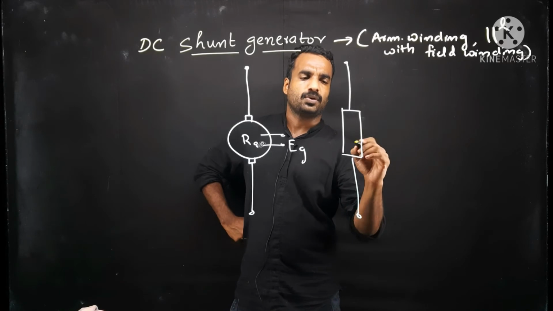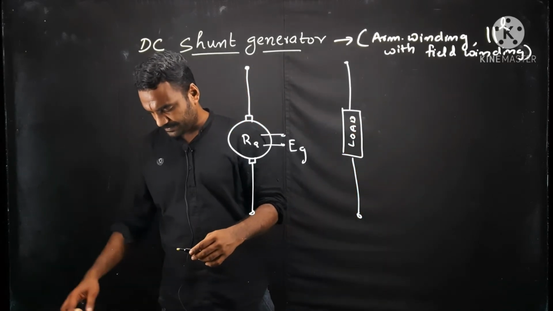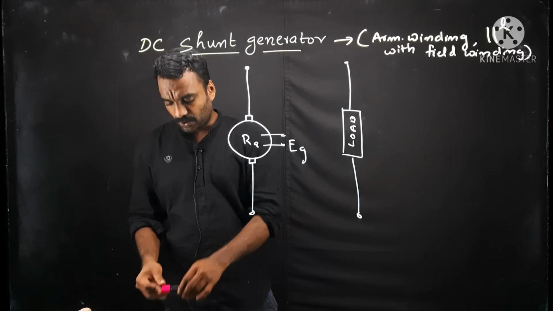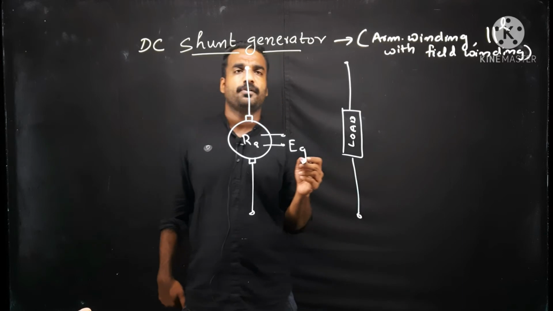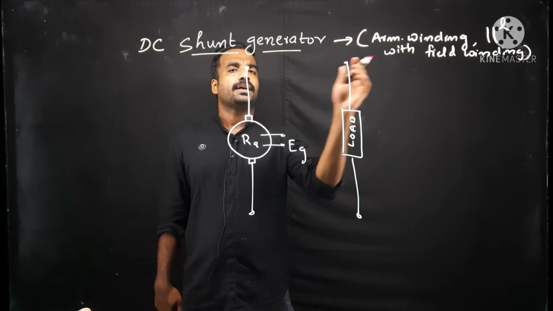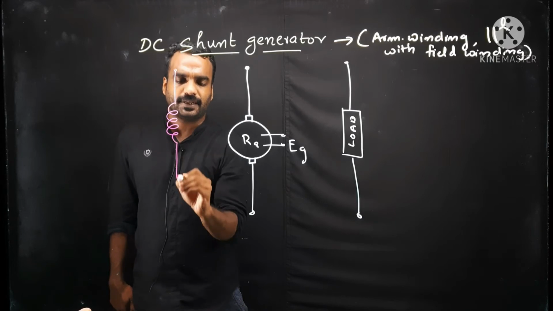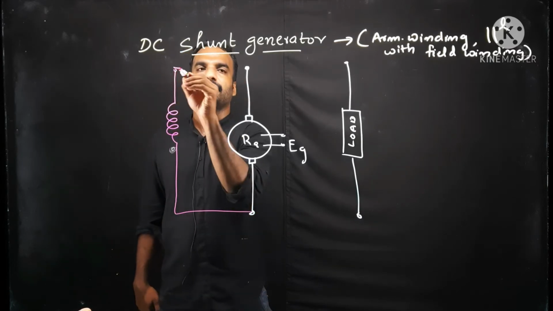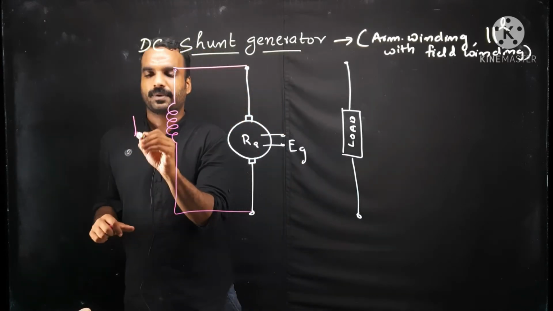Then this is the load. Such things are known. Now I want to draw the field winding. We know that the field winding should be in parallel with the armature winding. Now it is okay. The field winding is in parallel with the armature winding.